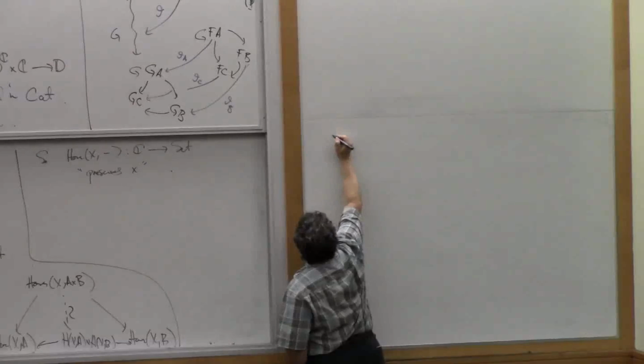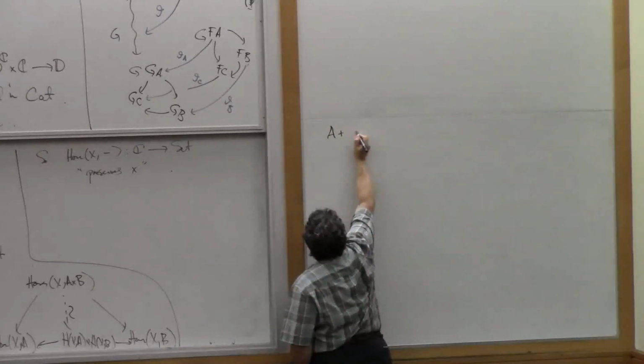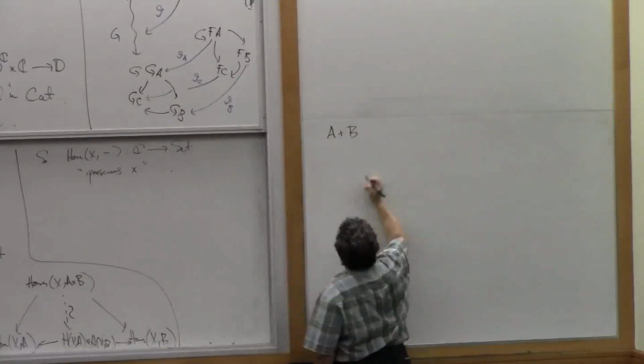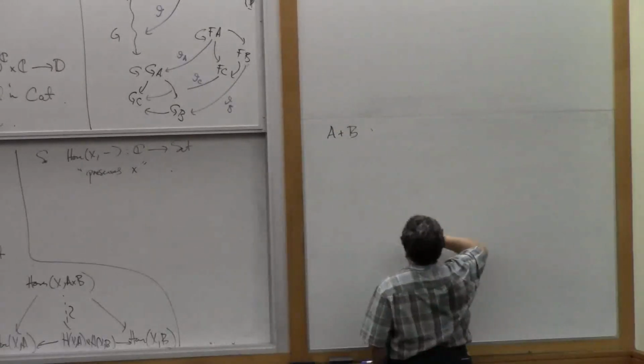So, for example, what was the universal mapping property of the sum? If you think about it, what it says is this.